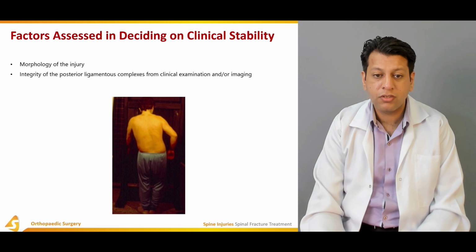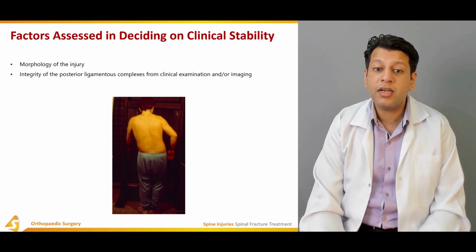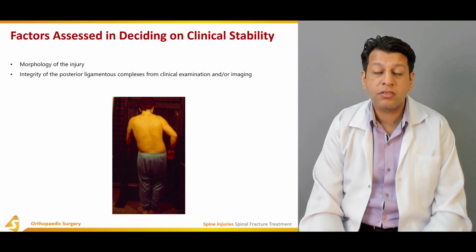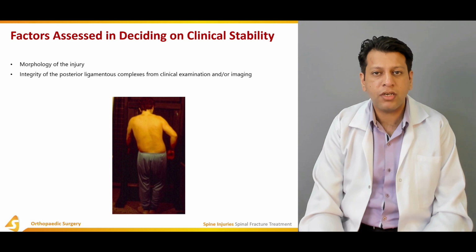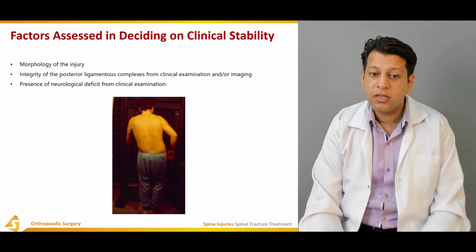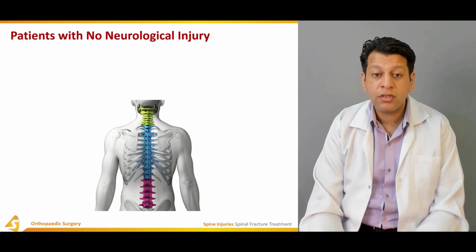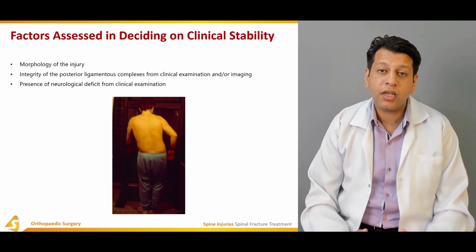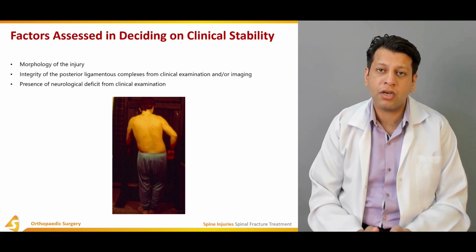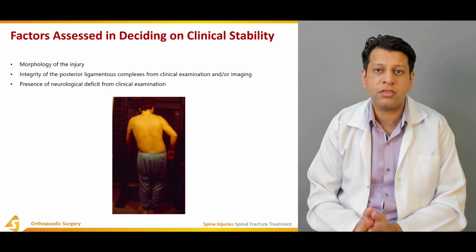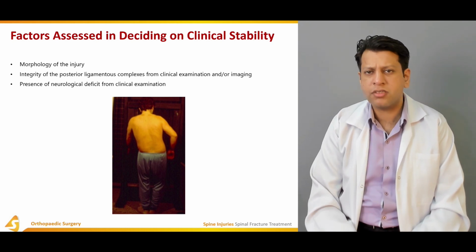Then the integrity of the posterior ligamentous complex. If the posterior ligamentous complex is not intact, it's probably an unstable injury, and this will eventually lead to instability. Then the presence of neurological deficit, whether it is present or not. These three factors make up whether the injury is unstable and needs to be fixed, or the injury is stable and can be managed conservatively.